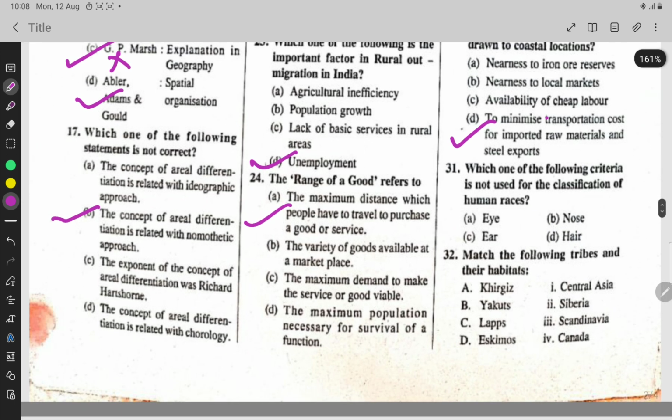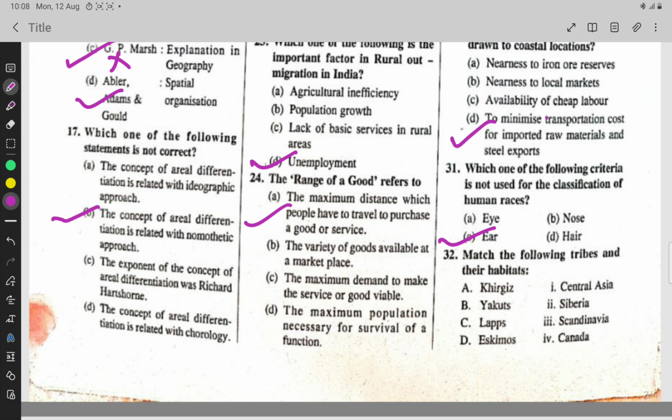Which one of the following criteria is not used for classification of the human race? Eye is used, nose is used, hair is used, ear is the correct option here. So ear is not a criterion for classification of the human race.